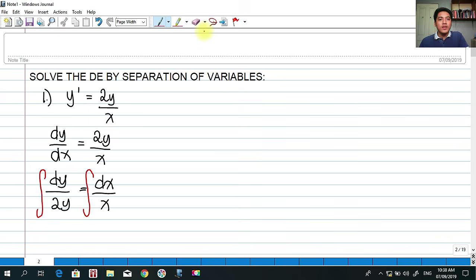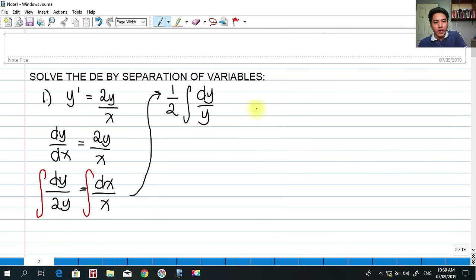Upon integration, we all know that whenever we perform integrals, there is always a plus constant. So we can factor out 1/2 because that is a constant outside of the integral sign. We have the integral of dy over y, and the integral of dx over x.